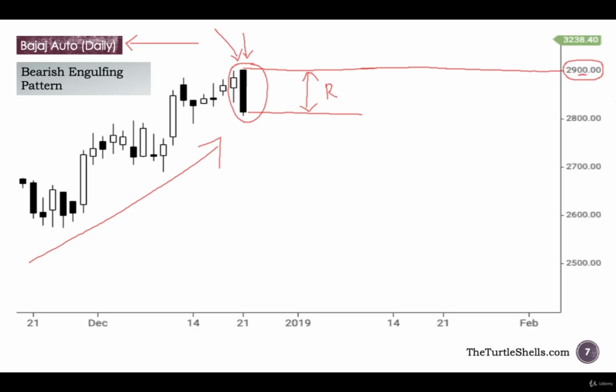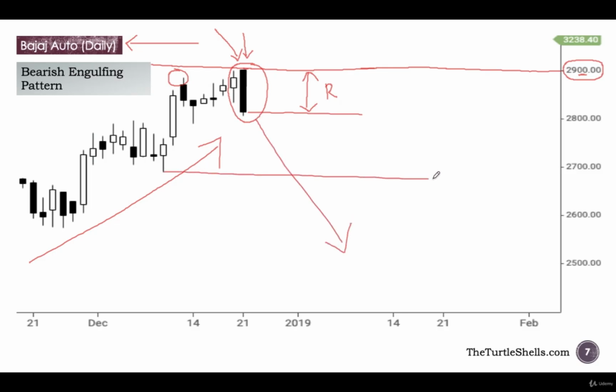Interestingly, the 2,900 level is the exact place where the price has stalled 2 times. So maybe 2,900 is a very strong resistance point. Nonetheless, you have a bearish engulfing pattern here, which is stopping this uptrend.